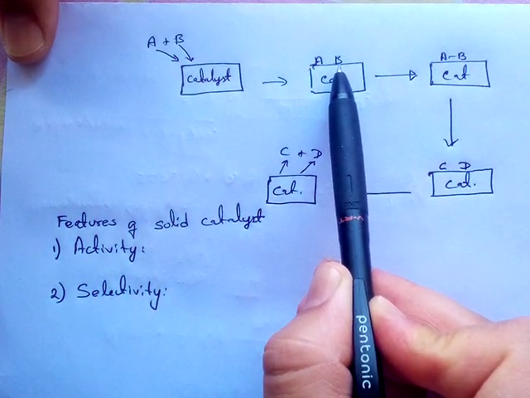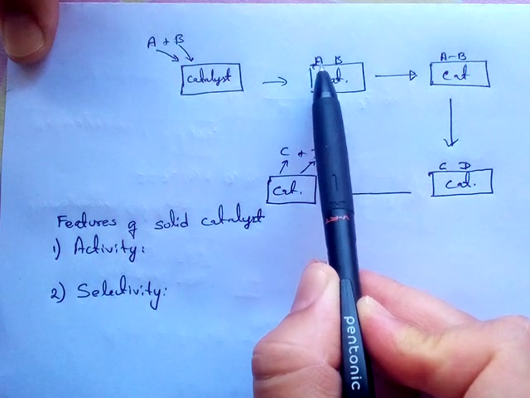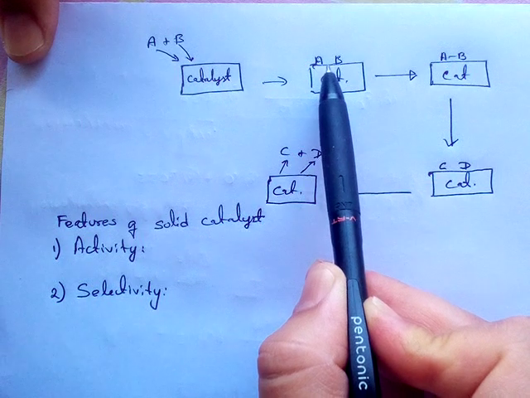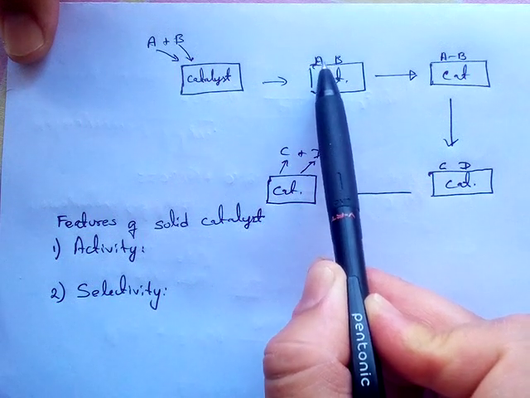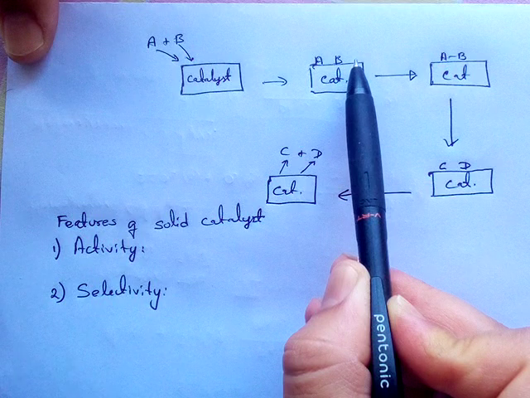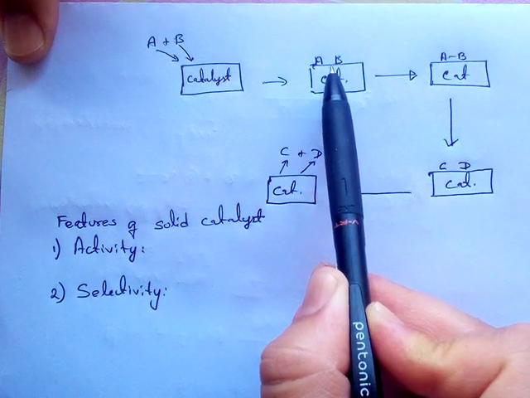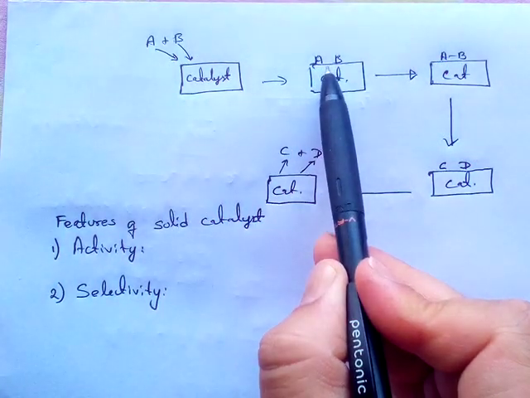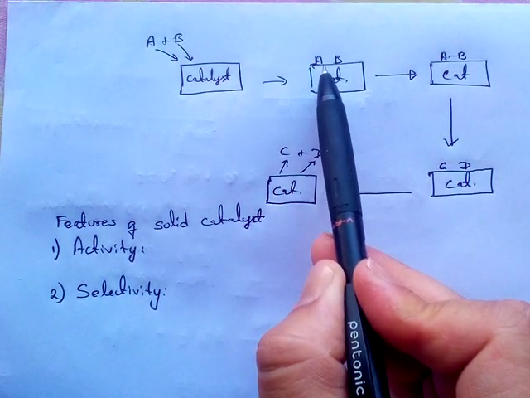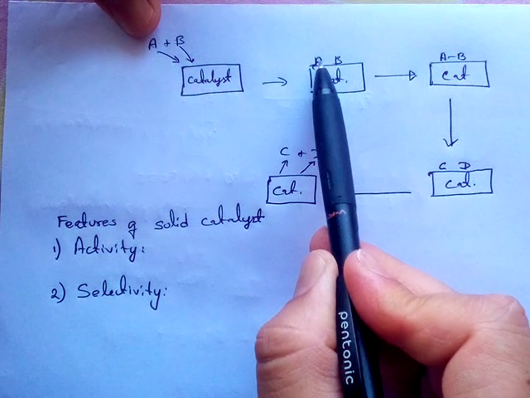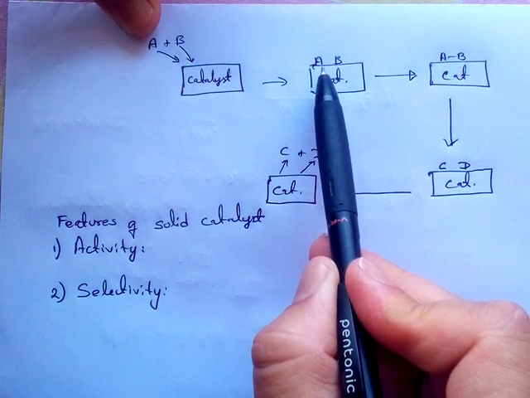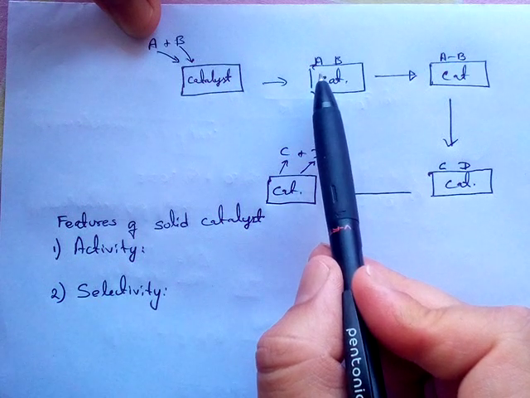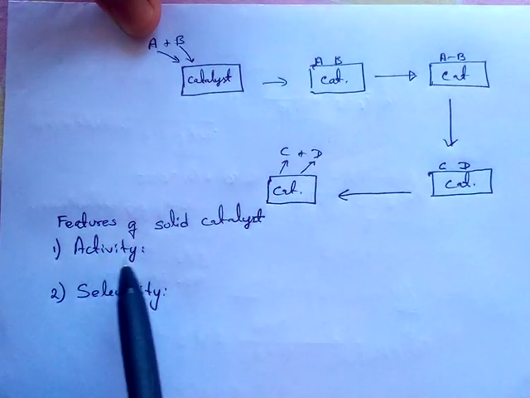This adsorption has to happen, and it should not be so strong that the reaction between A and B could not take place. So it has to have a certain limited amount of force, basically van der Waals force between the catalyst and the adsorbate, that must be of reasonable strength. So that is basically activity.